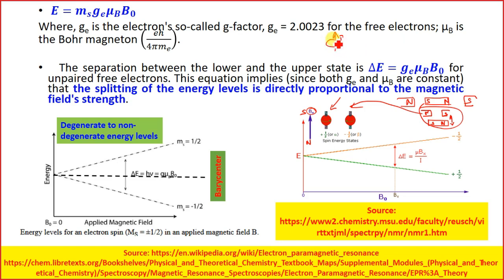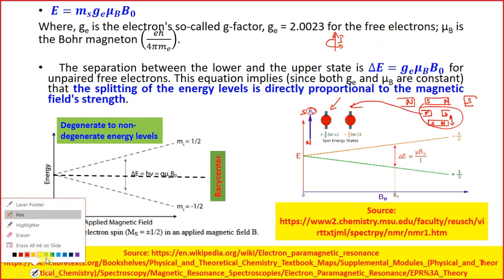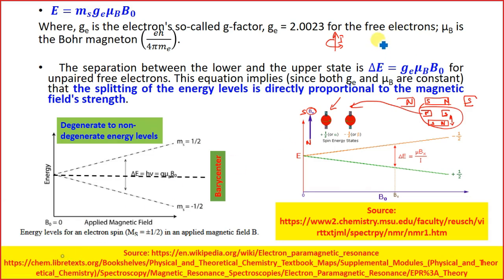We are considering that the positive particle is moving in this direction. That means current is moving in this direction. So our magnetic field will be like this. Our north pole will be over here, right? North over here, south over here, right?